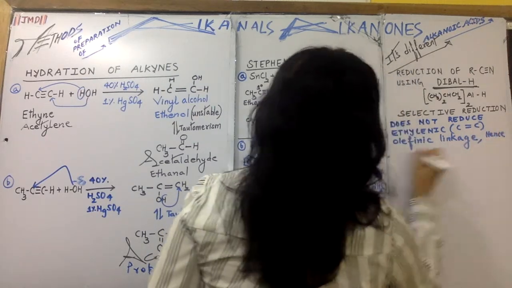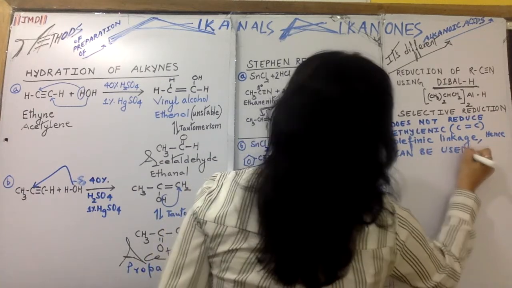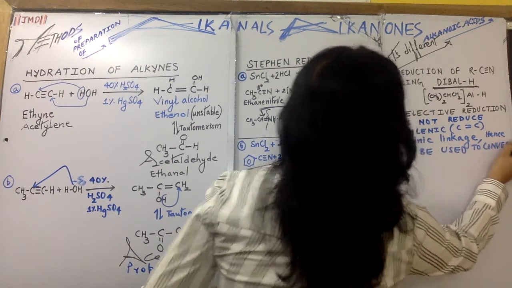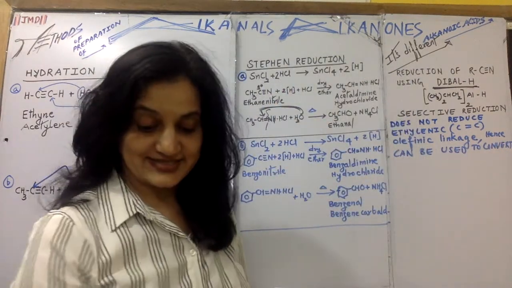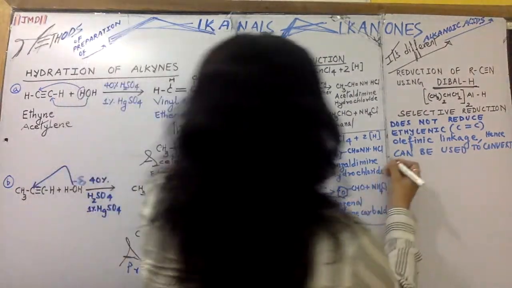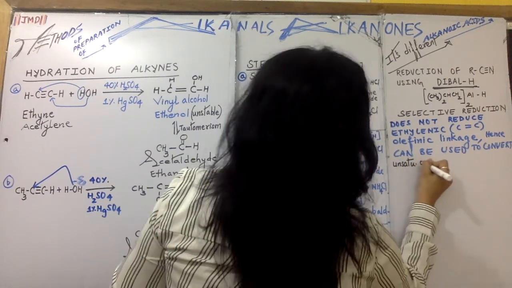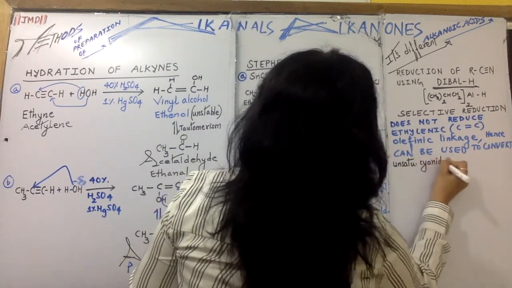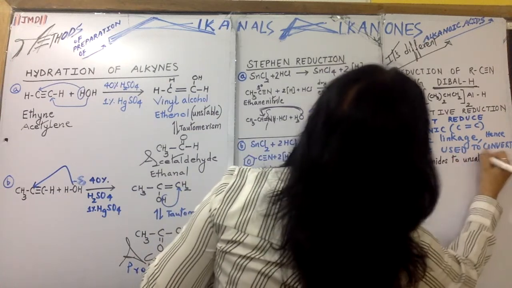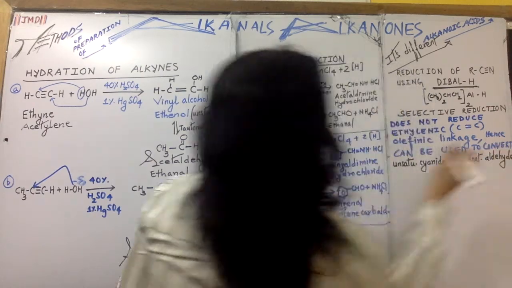Hence it can be used to convert unsaturated alkyl cyanides to unsaturated aldehydes. ये इसका सबसे बड़ा फायदा है.